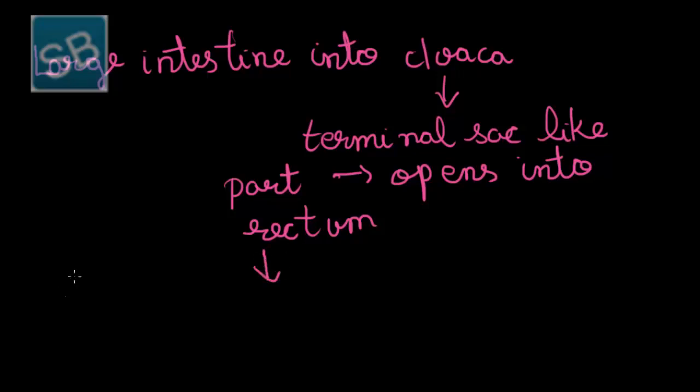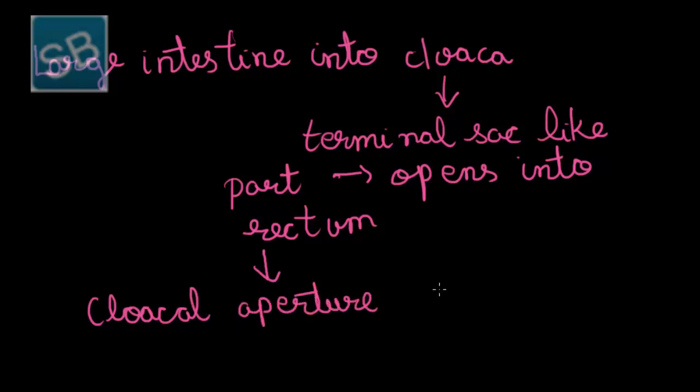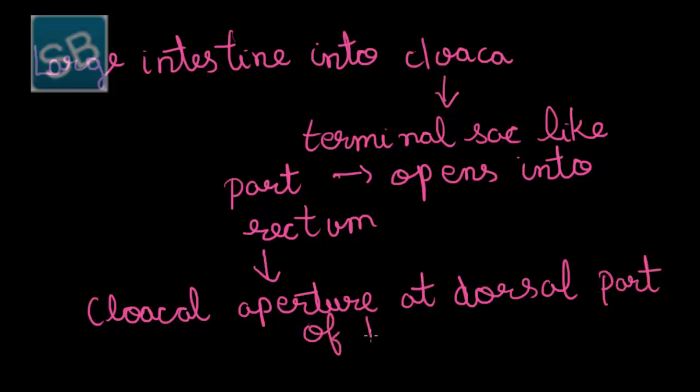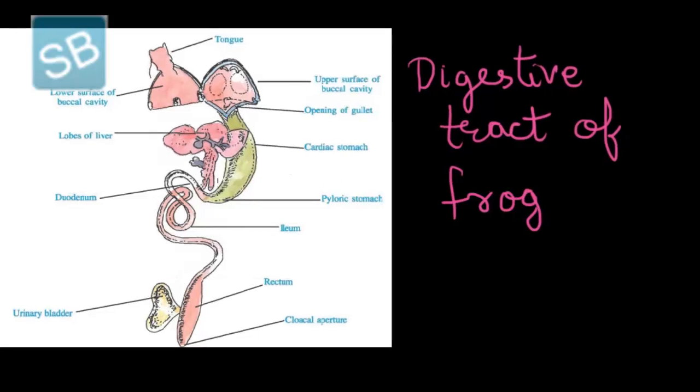This cloaca opens at the end by a cloacal aperture at the dorsal part of the body, which is considered the end part of the alimentary canal.